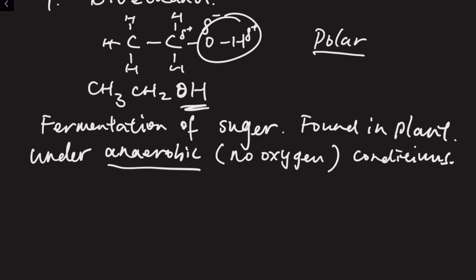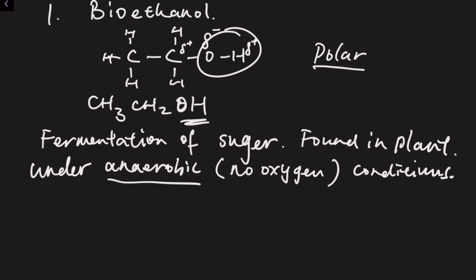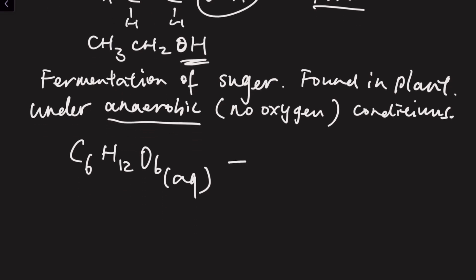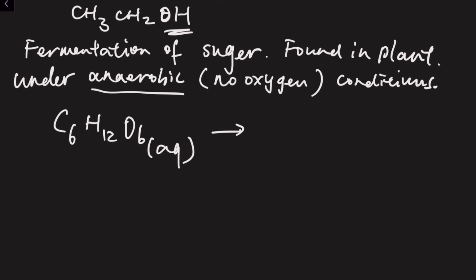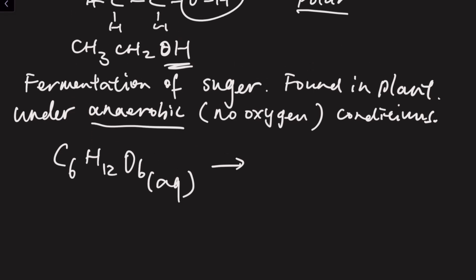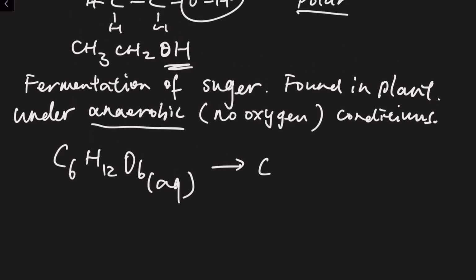We can get bioethanol from sugar. You need to know the chemical equation of this process. This is the formula for sugar, C6H12O6. Because we have no oxygen present, there are no other reactants. And we also know the chemical formula of ethanol, C2H6O.